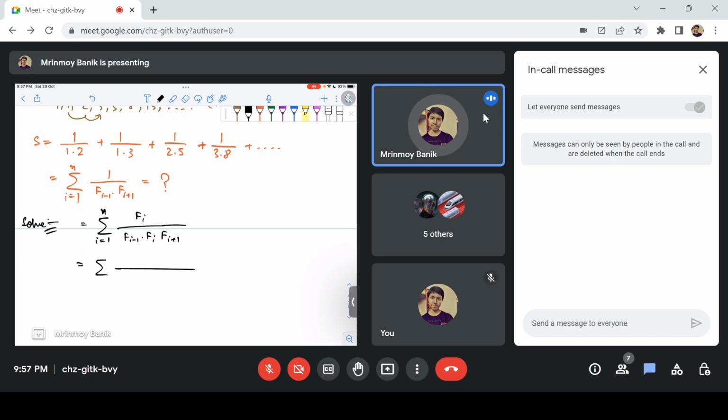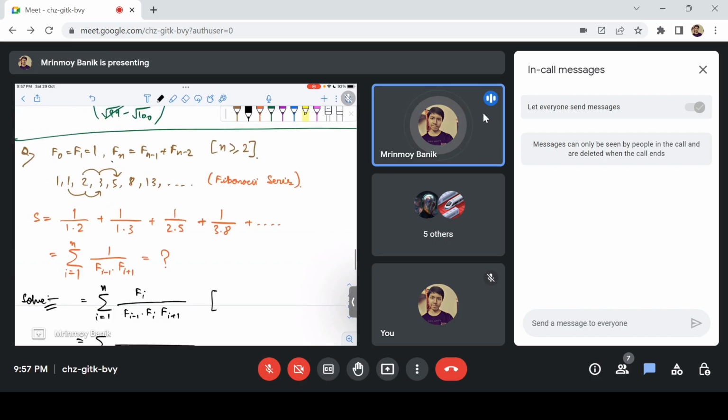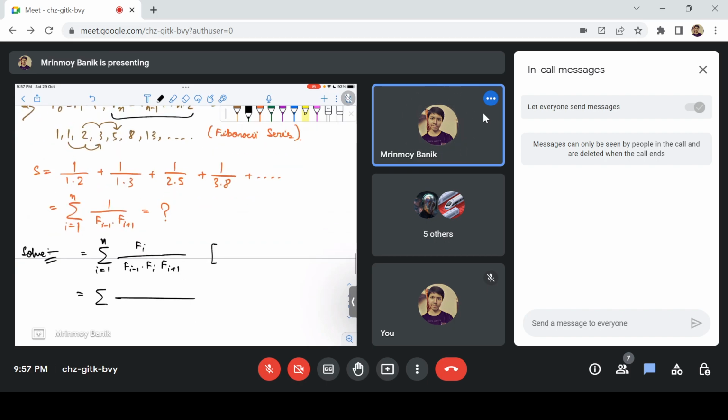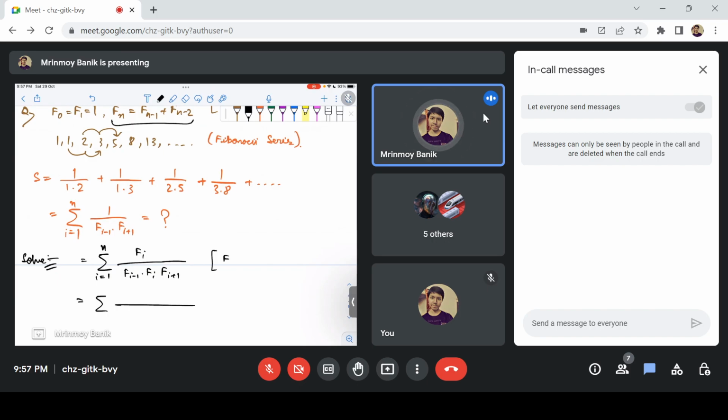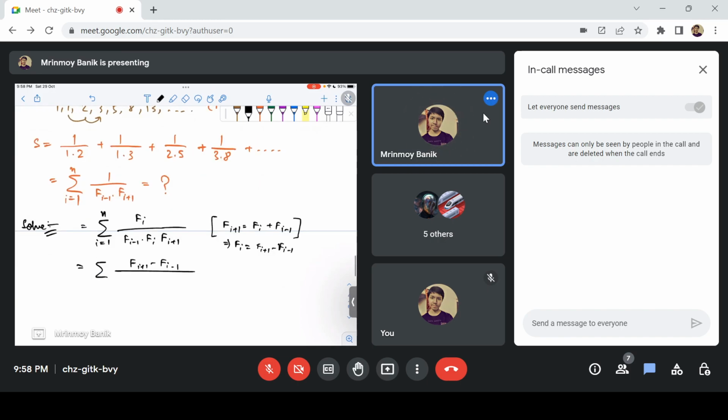Now, from the Fibonacci recurrence, we know that f(i plus 1) equals fi plus f(i minus 1). So taking fi on one side, we get fi equals f(i plus 1) minus f(i minus 1). So we replace fi in the numerator with f(i plus 1) minus f(i minus 1).